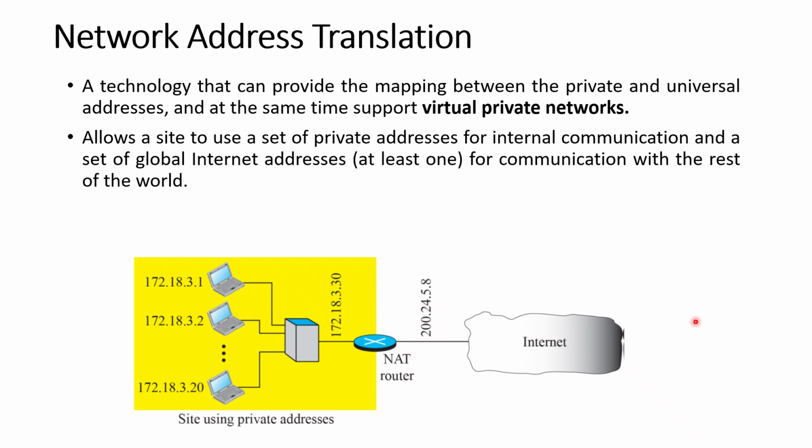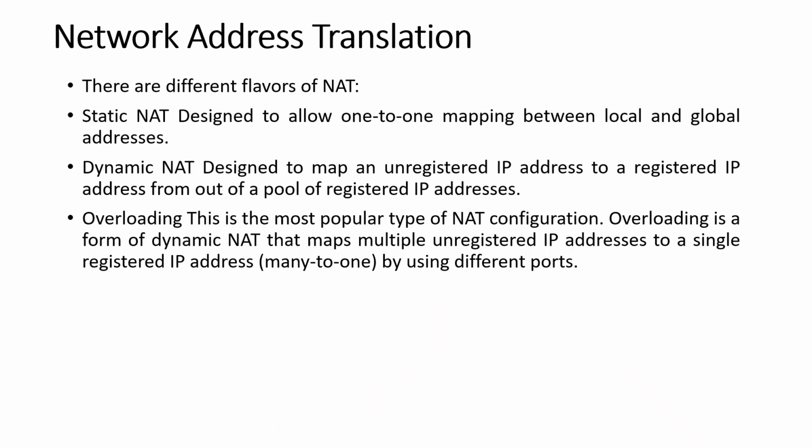Overall, NAT helps manage how devices on a private network communicate with the internet while also supporting secure connections through VPNs. Here is a simplified explanation of different types of network address translation. The first one is static NAT.